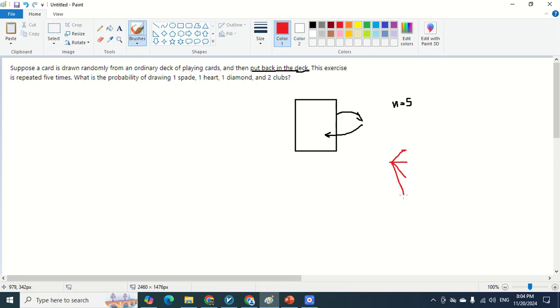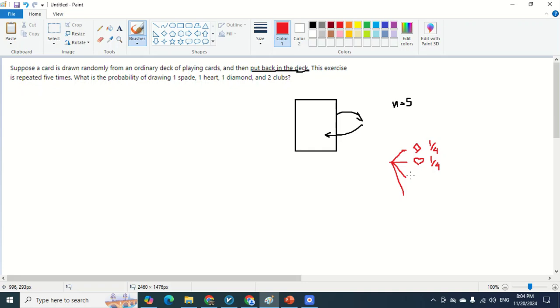The probability to get a diamond will be 1/4, because we have 13 diamond cards. For a heart as well, the probability of getting a heart is 1/4, and again we have 13 of them.